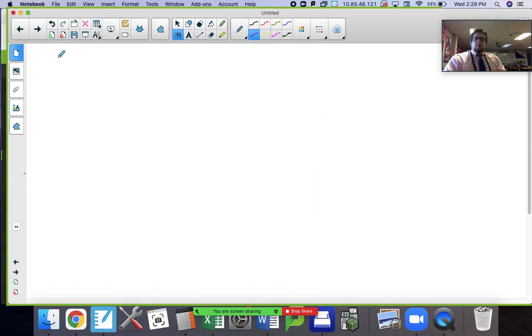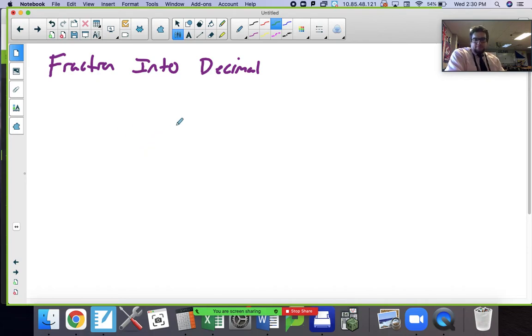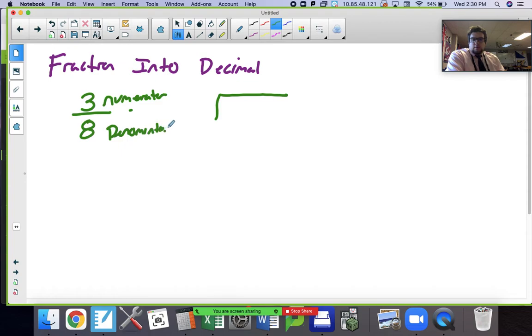Now we just did decimals into fractions. How do we take a fraction into a decimal? To take a fraction into a decimal, we have to do long division. So let's say I've got the fraction 3/8. We've got the numerator up here, the denominator right here.